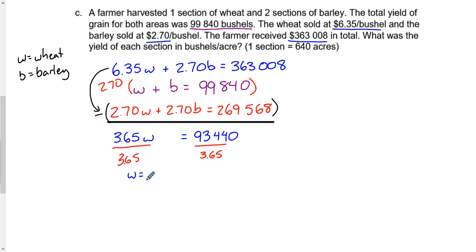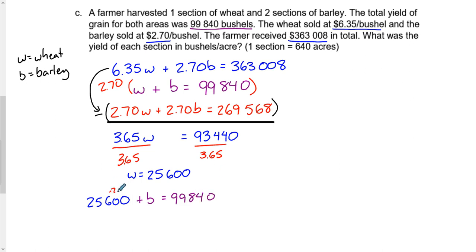And the amount of grain, bushels that is obtained by the wheat, 25,600. If I want to find out what my barley yield is, well, I have 25,600 for my wheat. Add B, it's 99,840.